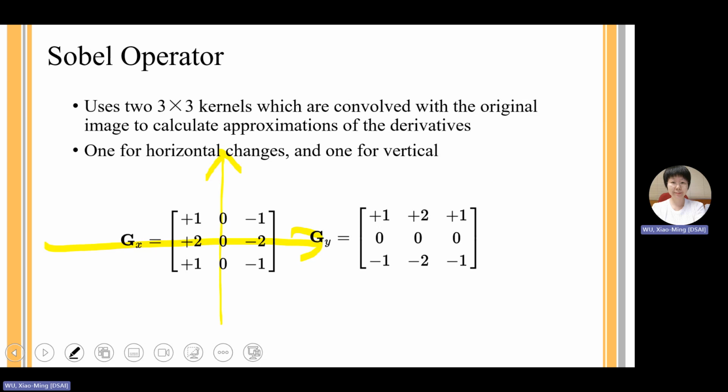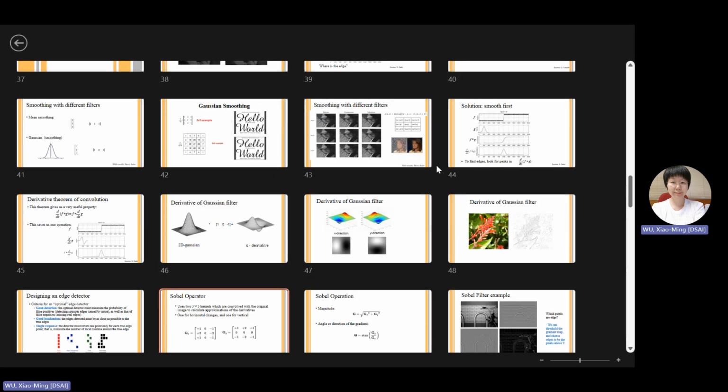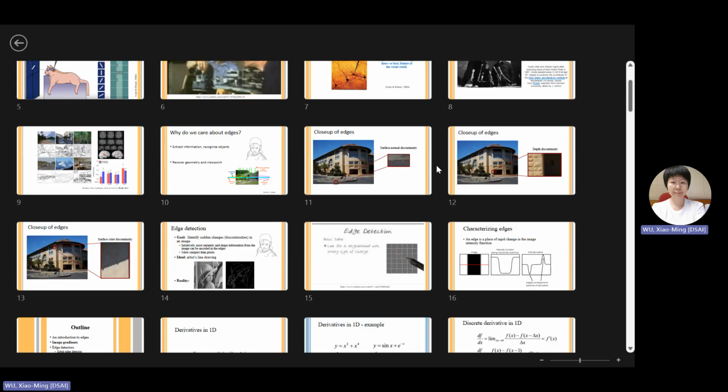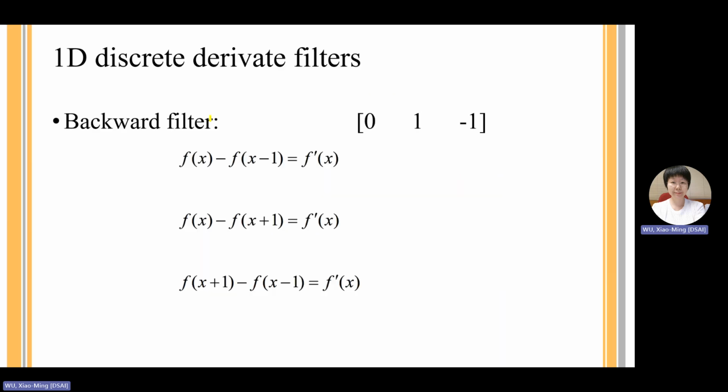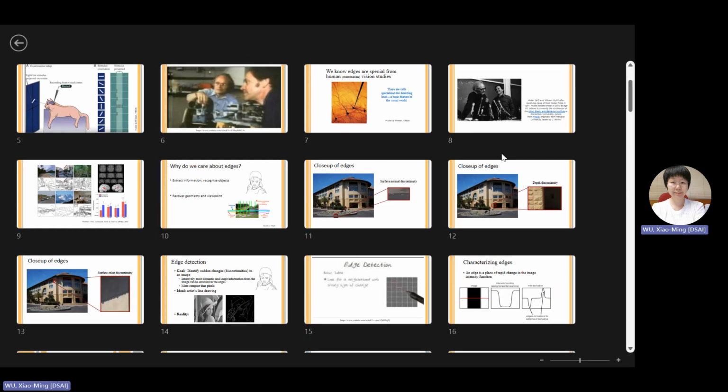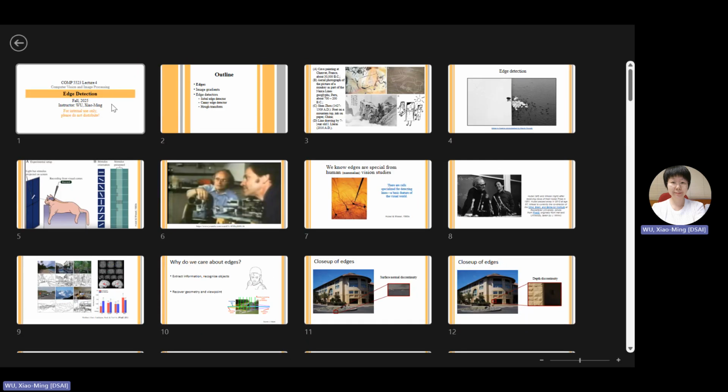So it doesn't matter whether you flip it or not. But we are also going to see filters, for example, this kind of filters. Then you need to do the flipping before the calculation. Anyway, in this class, we're going to learn some filters for edge detection.